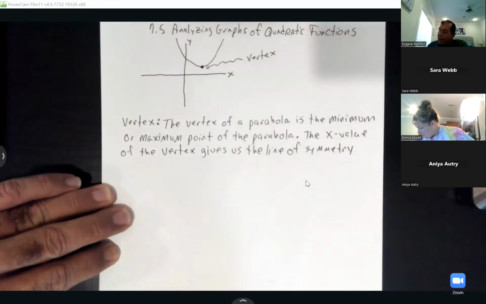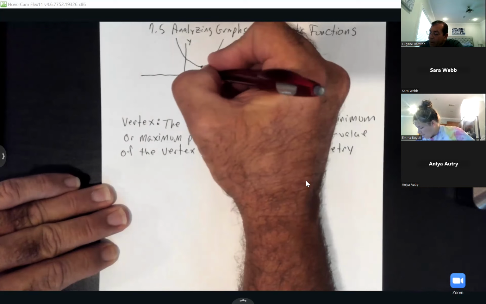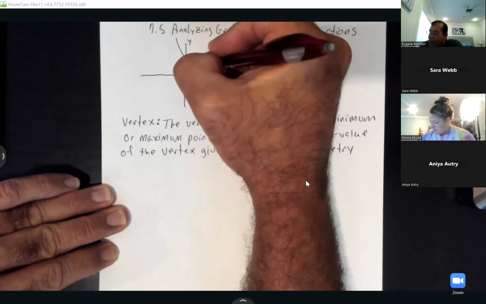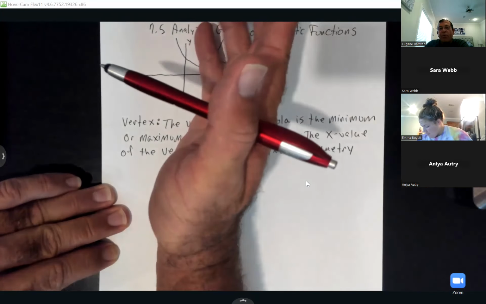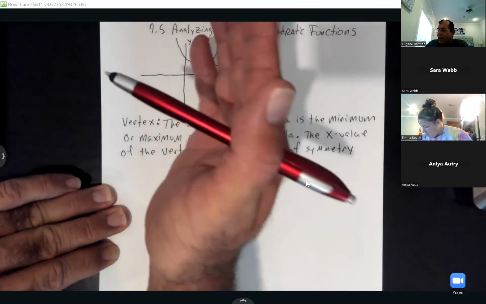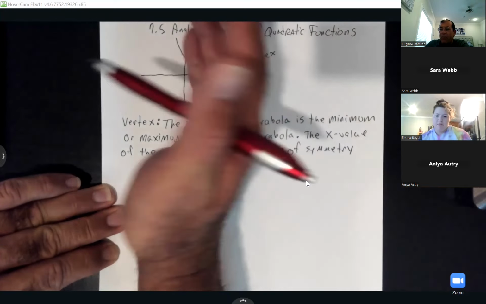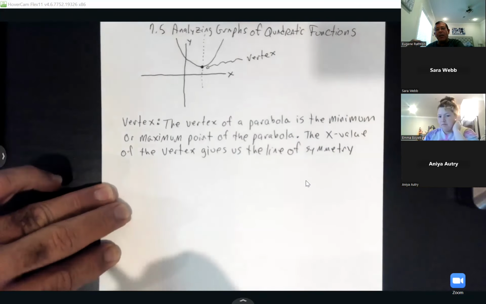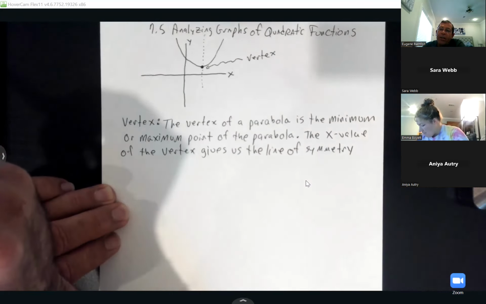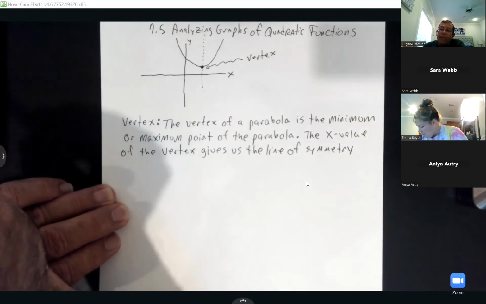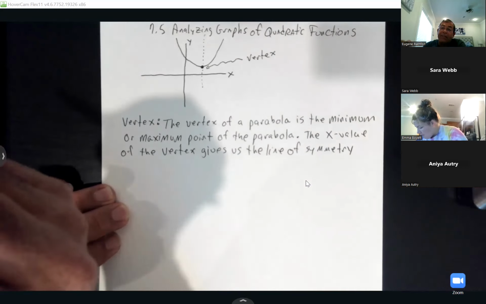So what I mean, that x value gives us a line of symmetry. And what that does is it cuts my parabola in half. So that line of symmetry, if I fold my graph over that line of symmetry, it will land on itself. So it's similar to the stuff when we were doing the symmetric to the y-axis.